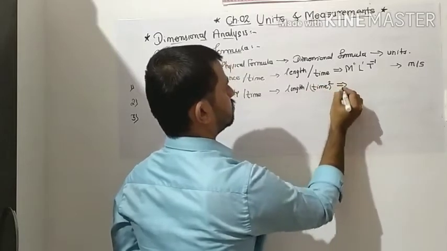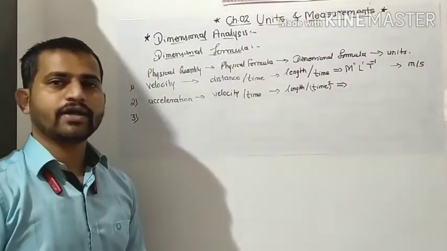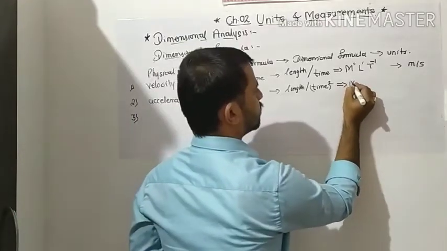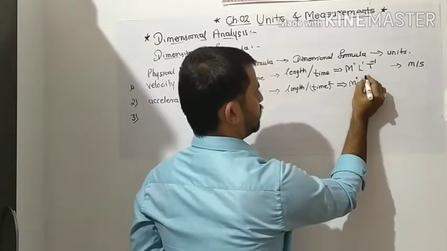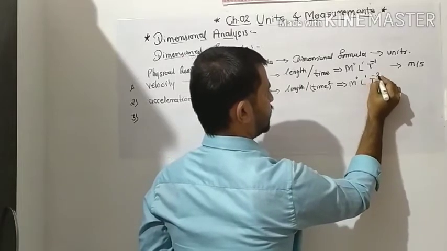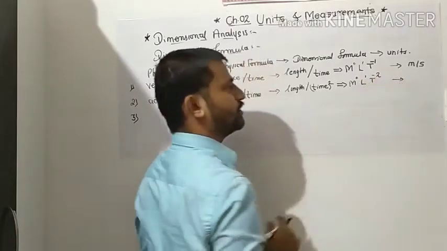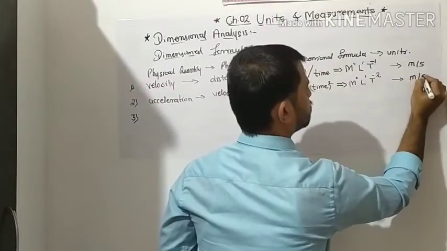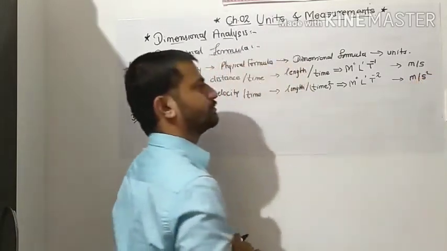Okay, so in terms of the dimensional formula, you can write it as M raised to 0, L raised to 1, and T raised to minus 2, and its unit is meter per second square.